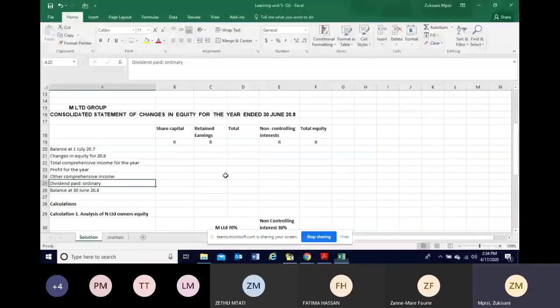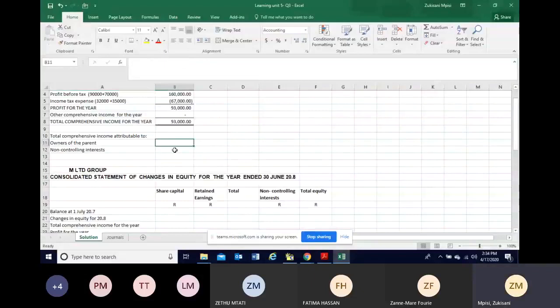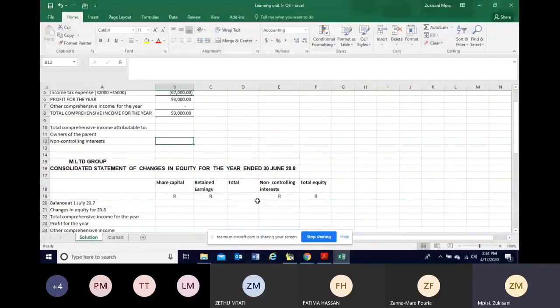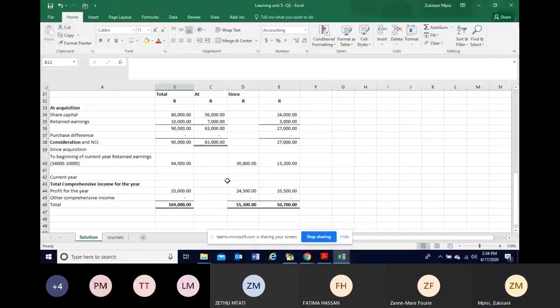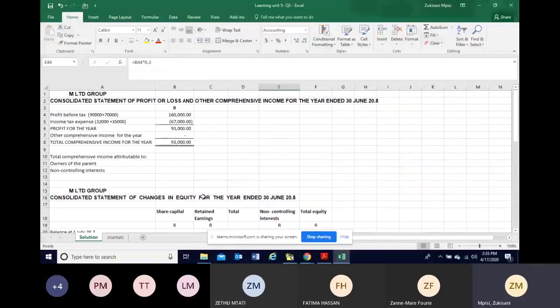So we almost have done this part here. So non-controlling interest, we have already looked at the profit share and we did it in our analysis of equity, where we said our profit for the year is 10,500. So which means that we already have here 10,500.